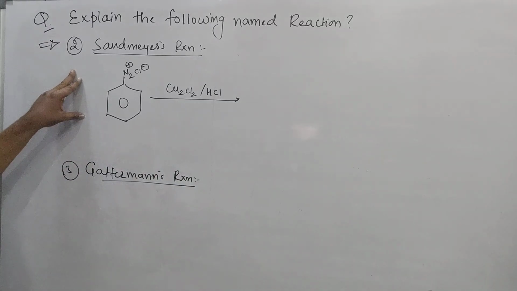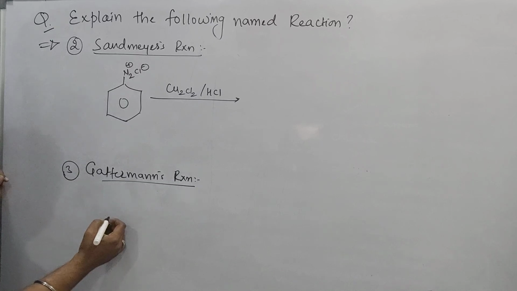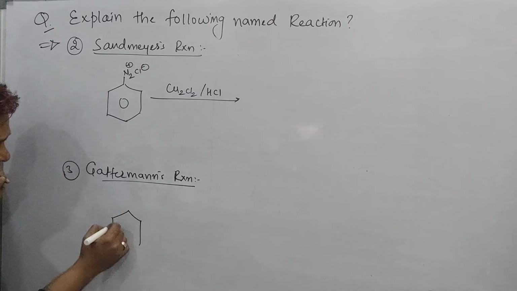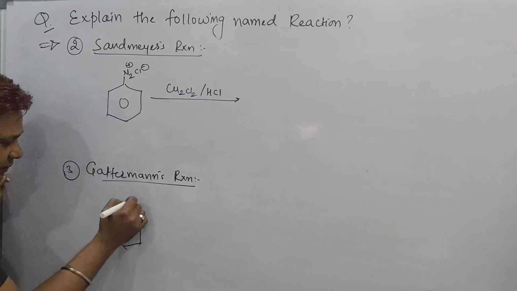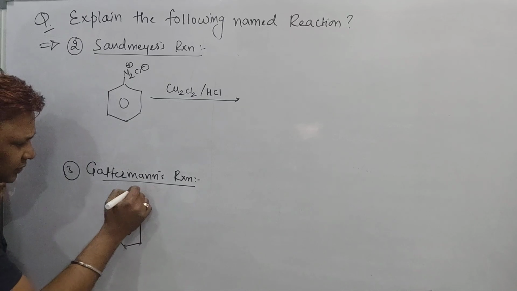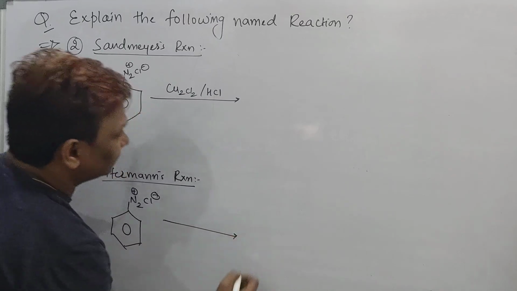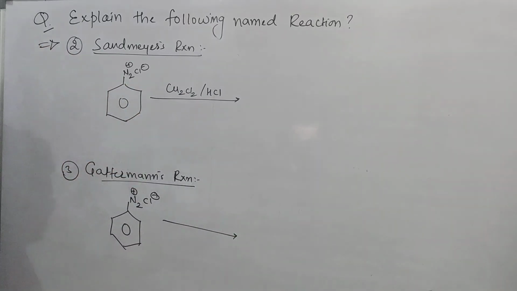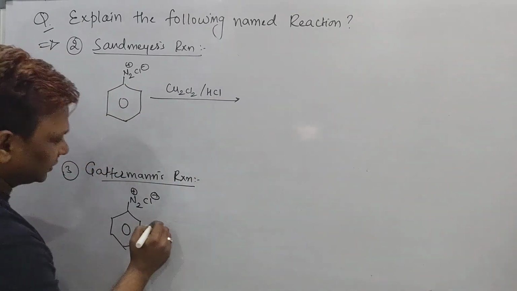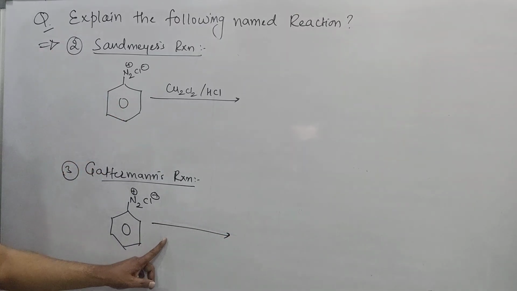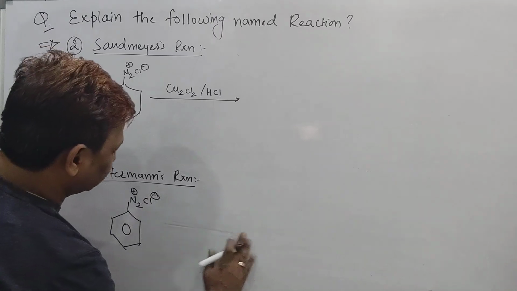For Gattermann, what will I do? It is also benzene diazonium chloride, with N2 positive Cl negative. Here in Sandmeyer we use Cu2Cl2, but in this case, instead of Cu2Cl2, we use copper powder and HCl.